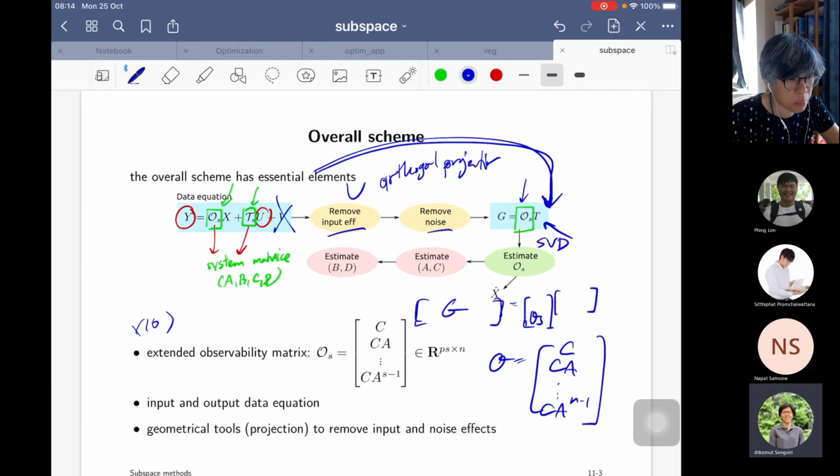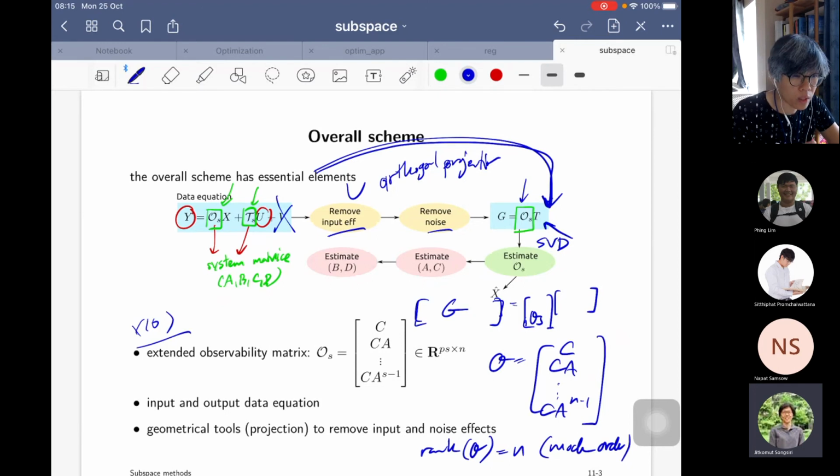The information from the output is sufficient to estimate X naught, and if you get X naught, you can estimate the whole state variable xt. If the rank of the observability matrix is n, which is the model order, the system is called observable.